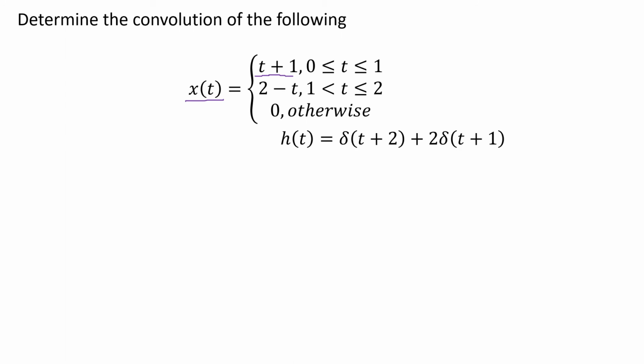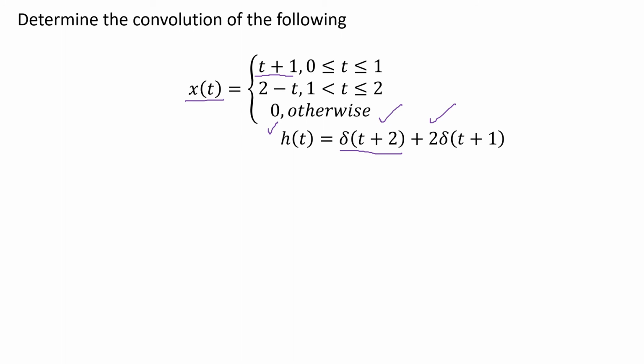So it's easy, and the impulse response is given by h of t equals impulse of t plus 2, plus 2 times impulse of t plus 1. That means the impulse response consists of two impulses. One is scaled and shifted, and the other is just the shifted version.